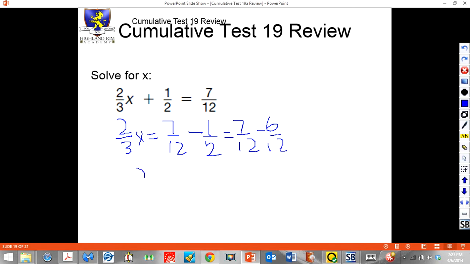So that means 2/3 x is equal to 1/12. Multiply both sides times 3/2. And that means that x is equal to 3/24 or 1/8.